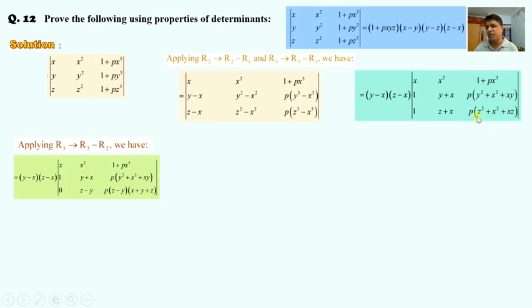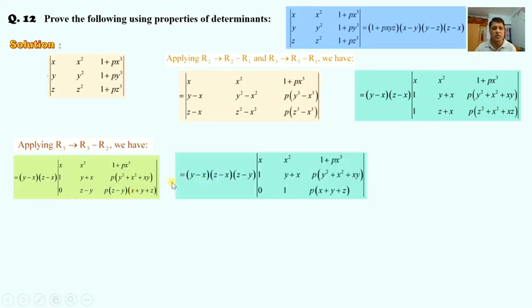So what we are going to do, z minus y taken common, so z minus y went out, and inside from here is y plus z, y plus z, here y plus z, and this x taken common, so that x went here. Okay, now the next step is y minus x, z minus x, as it was outside.